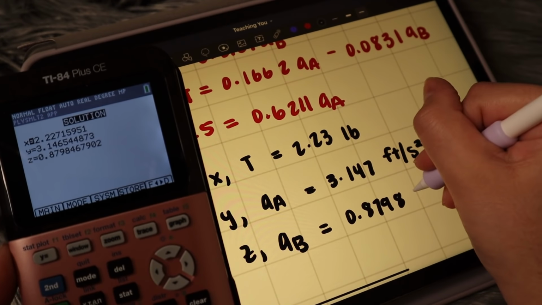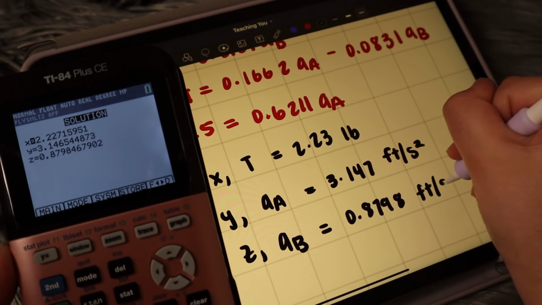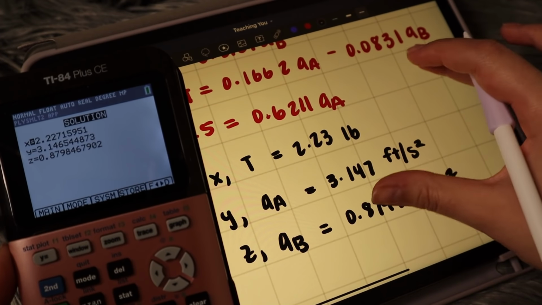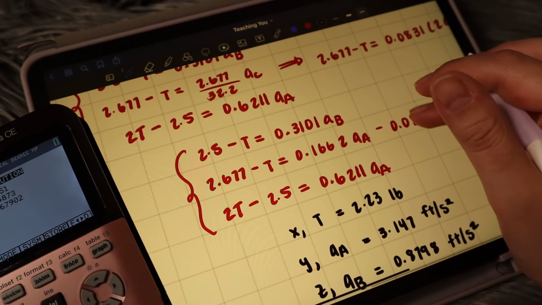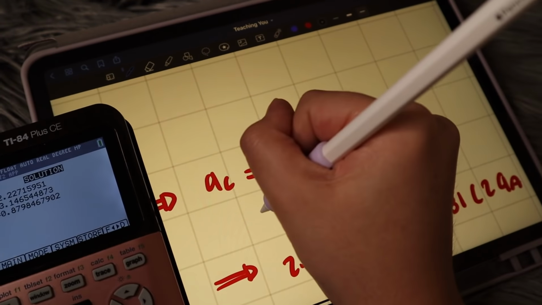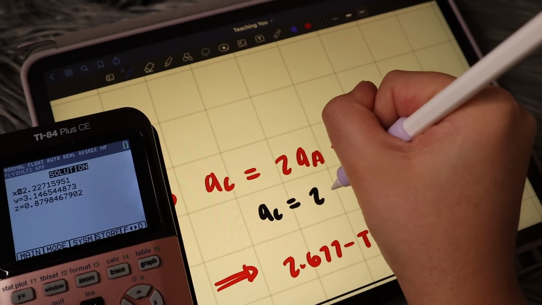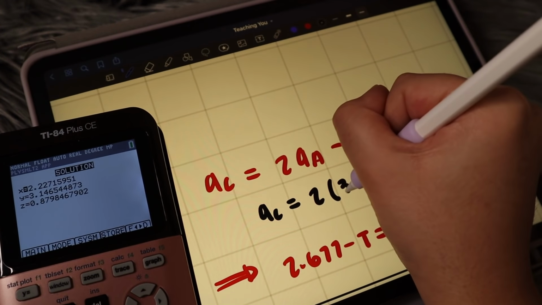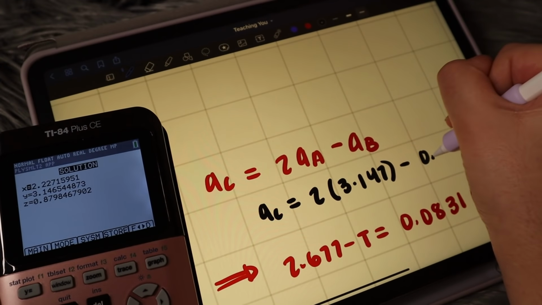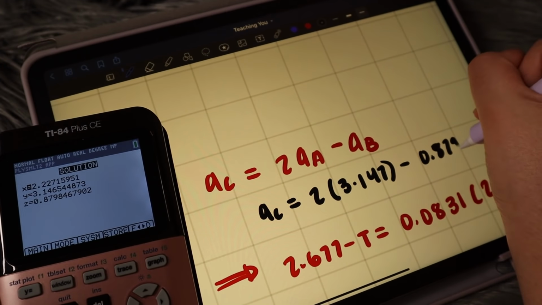Just gonna leave 4. And then we're gonna put feet per second squared. Okay. So we do need to find acceleration of C. So for that, we just go back to this equation. We have 2 times 3.147 minus 0.8798.